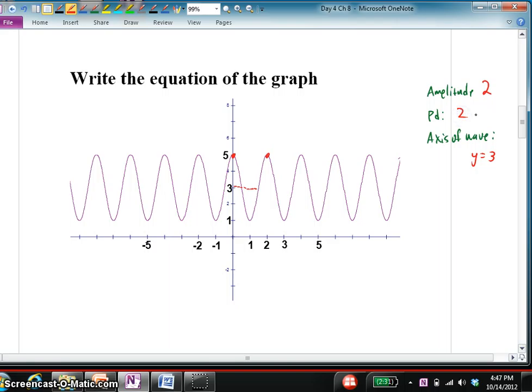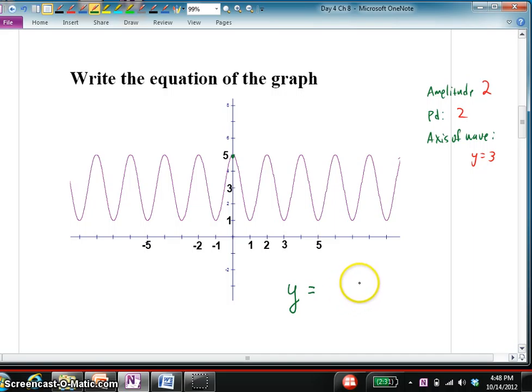Now I have a decision. I can write this as a cosine equation or as a sine equation. It seems logical to write this as a cosine equation because we're starting here at the top. So I am going to write it as a cosine to start.